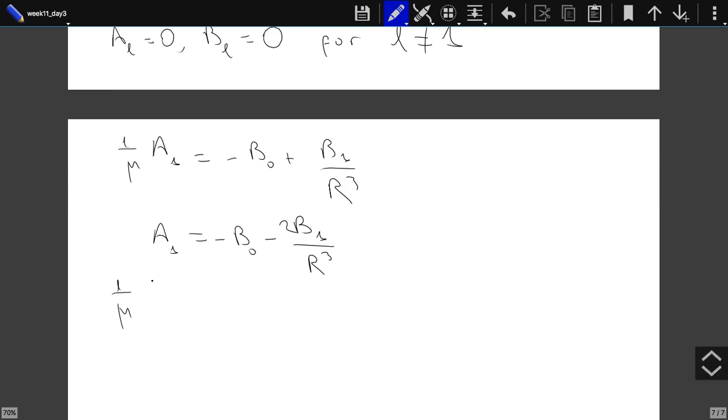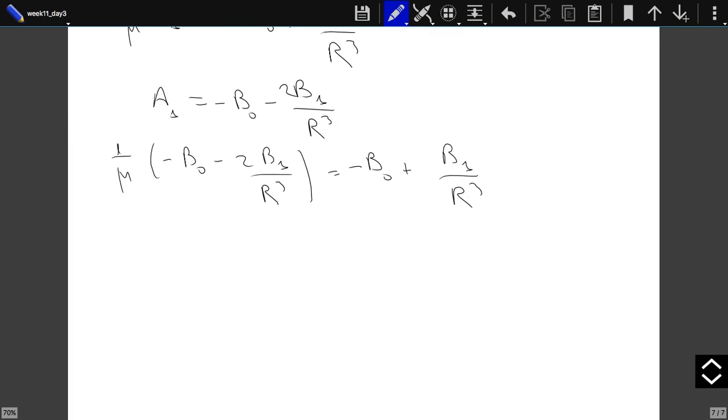We get 1 over mu times minus B0 minus 2B1 over R cubed. This should be equal to minus B0 plus B1 over R cubed. Or let's see, we have 1 minus 1 over mu of B0. This should be equal to B1 over R cubed multiplied with 2 over mu plus 1.